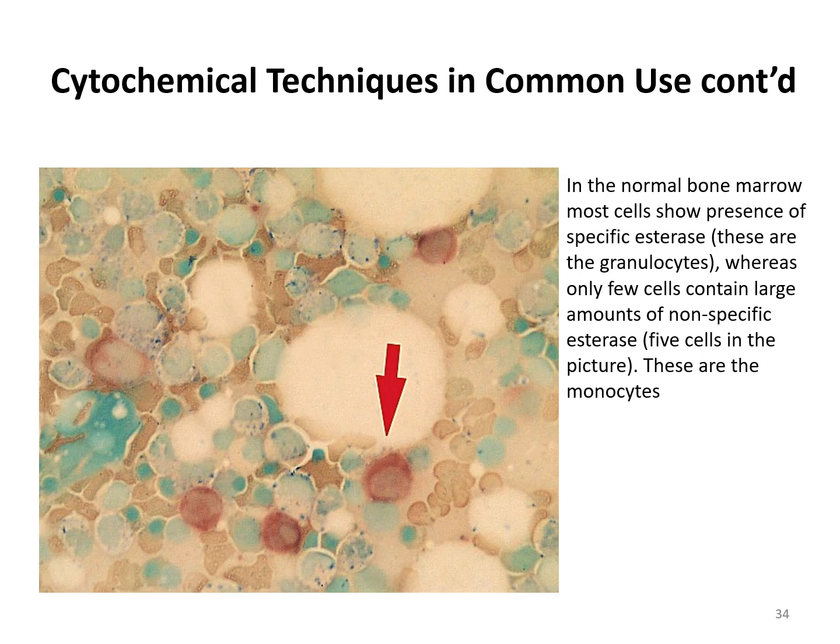The others are monocytes. Five cells in the pictures are monocytes, and you can see that in some cells there are bluish granular deposits. That is for the CAE. Okay, this is non-specific, and that one is specific, the blue ones.